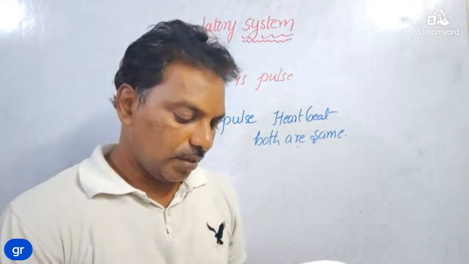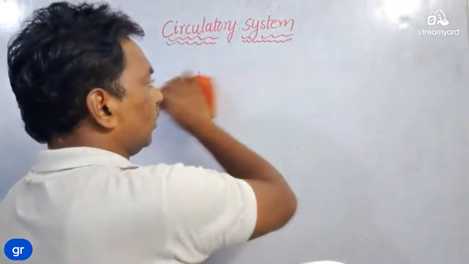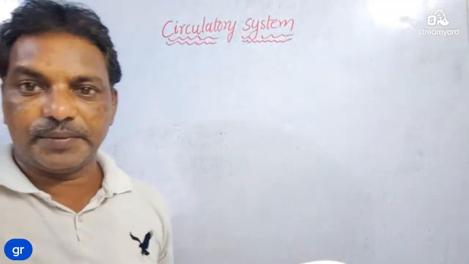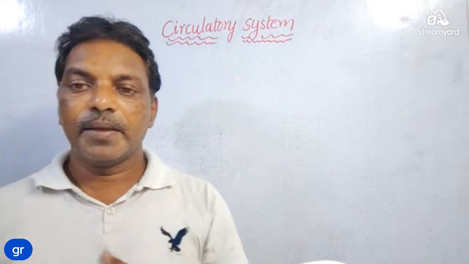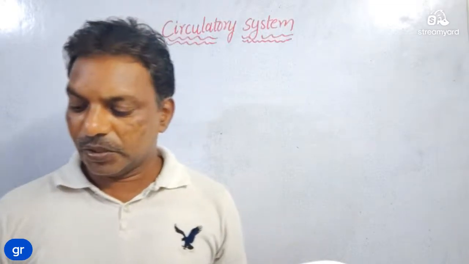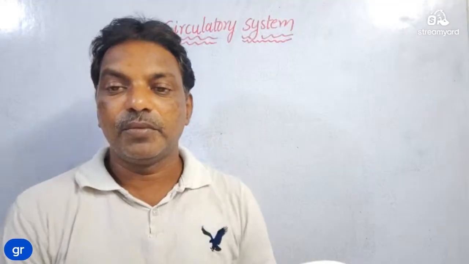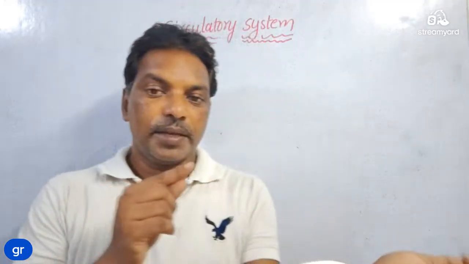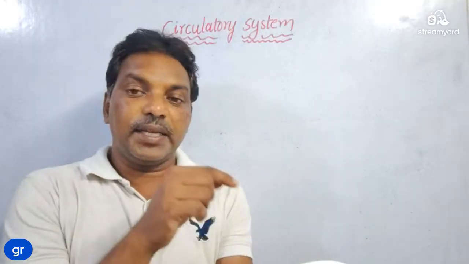So this is the pulse. Now we are going to discuss activity 2. What is given in our textbook? Activity 2: make your own instrument to find out the pulse rate. We take one injection bottle cap, make a hole, keep that cap at the wrist and insert a matchstick.